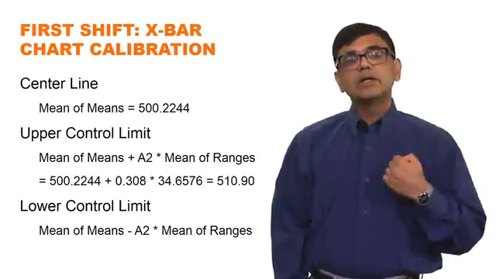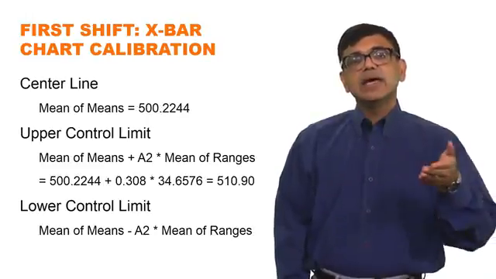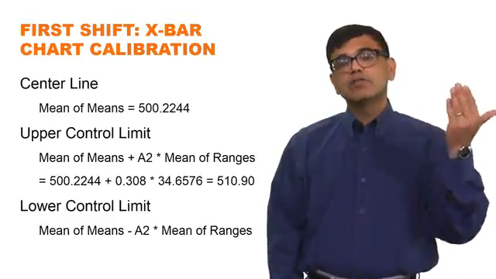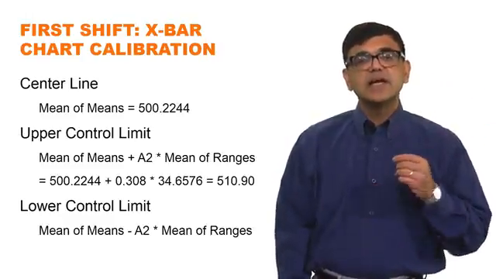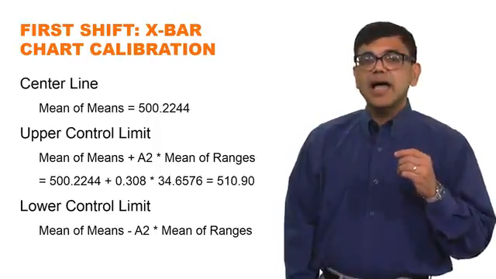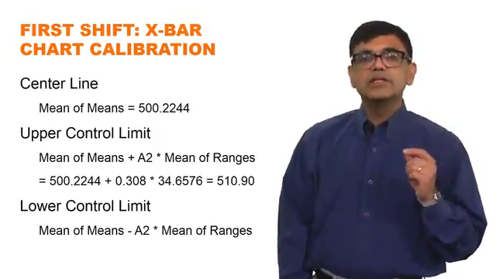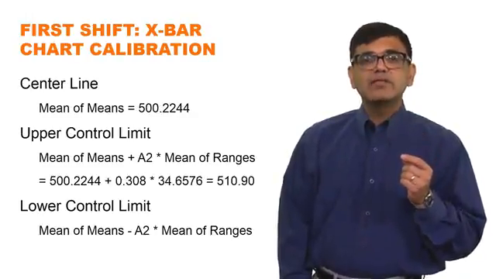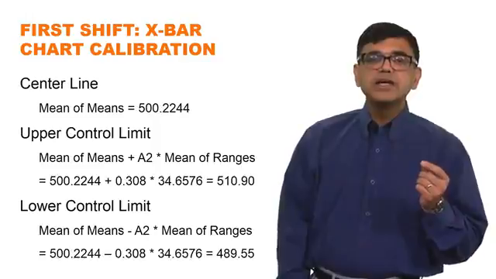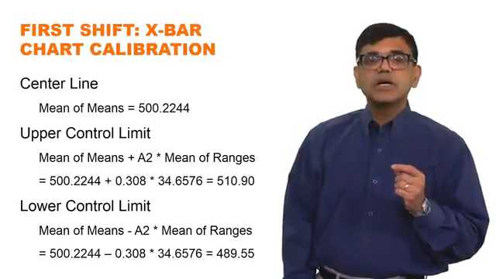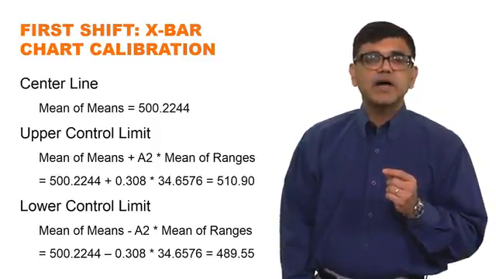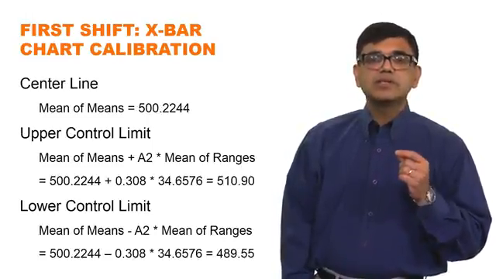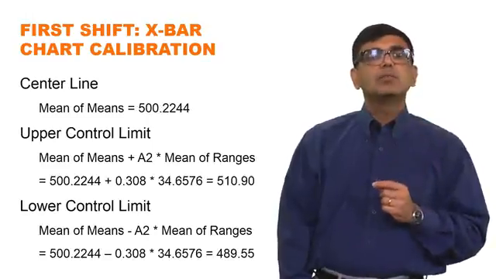The upper control limit is based on taking that mean and adding 0.308, which is the A2 value which we got from that chart based on a sample size of 10, multiplied by the average range that we got when we did the range chart. We get an upper control limit of 510.9, and the lower control limit works out to 489.55. So we're saying that the lower and upper control limits are 489.55 and 510.9.